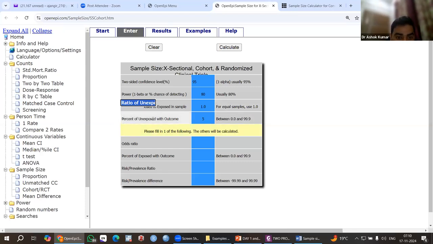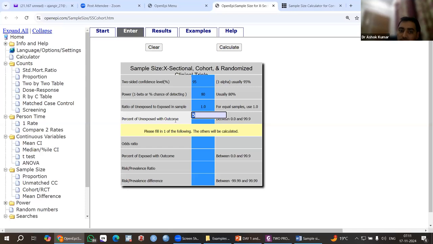For the percentage of unexposed with outcome, between 0.0 and 99.9, we have to enter it. Over there we entered 0.60, but here we have to enter the actual value as a percentage. So what is that?